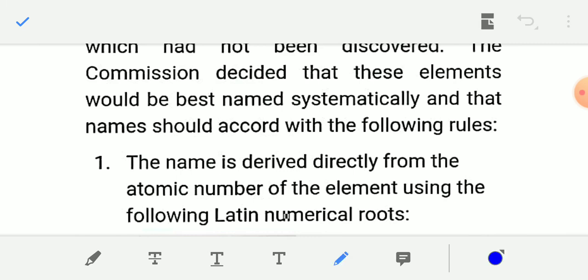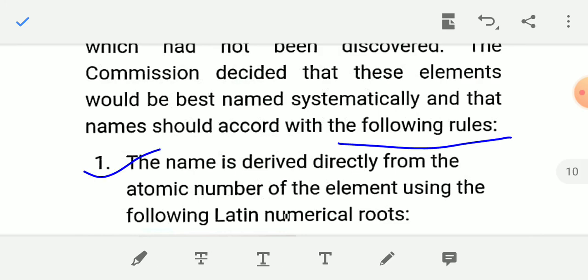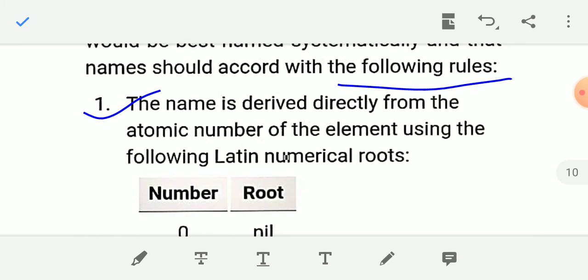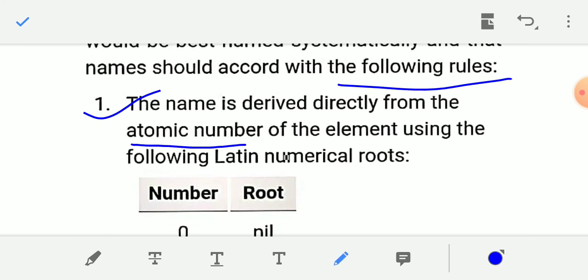During naming the elements having atomic number greater than 100, you have to follow these rules. The name is derived directly from the atomic number of the element using the following Latin numerical roots.